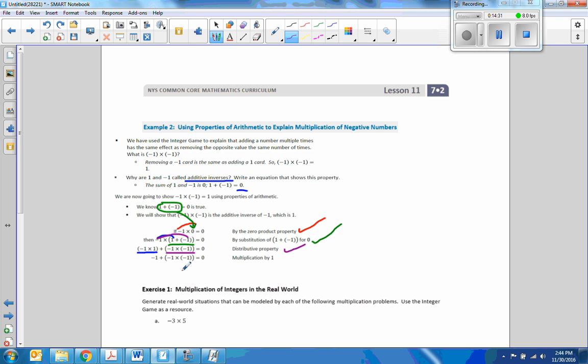So then once we do that, we now say -1 times 1 is -1, and that came from here. Let's do this. Okay, -1 times -1 is the additive inverse. So -1 plus -1 times -1, which is right here, equals 1.